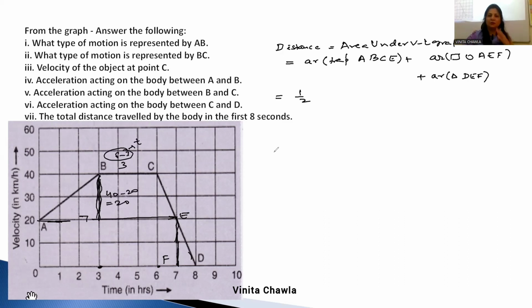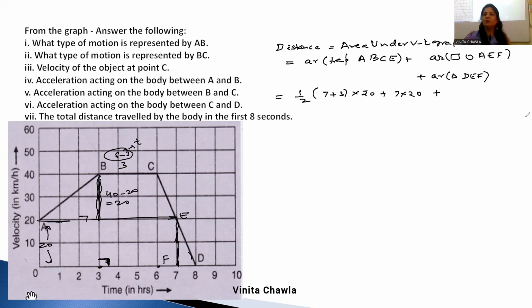So it is 20. So how do we write the area of the trapezium? Sum of parallel sides, meaning 7 plus 3, multiplied by the distance between the parallel sides, which is 20, plus the area of the rectangle. It is 7 and the breadth of the rectangle is 20. So 7 into 20, because length into breadth is the area of a rectangle.